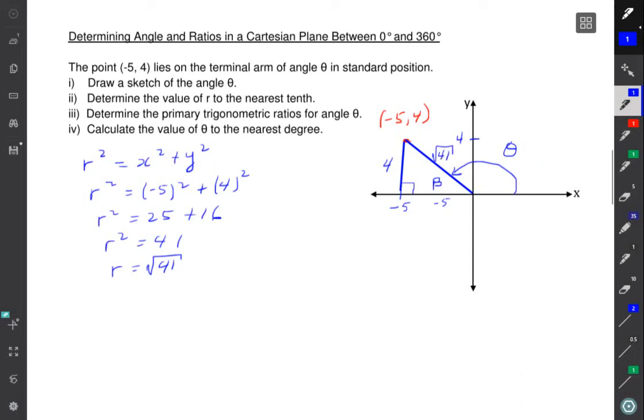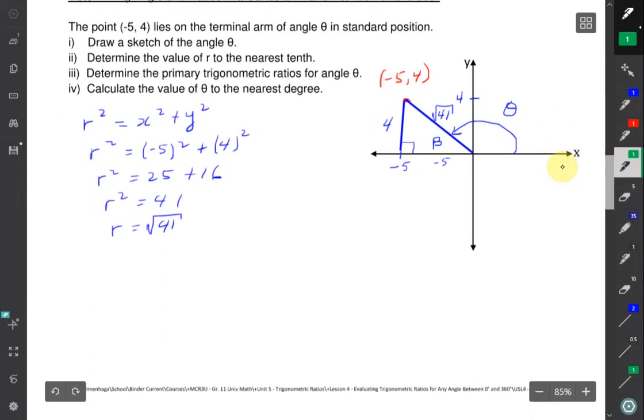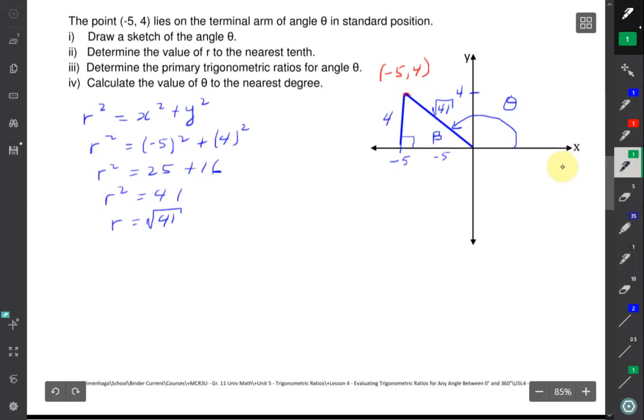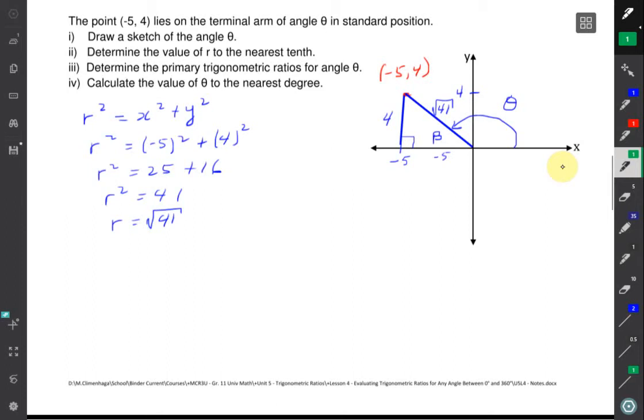Question 3 now asks us to determine the primary trigonometric ratios for angle theta. The sine of theta is equal to the opposite over the hypotenuse, which is 4 over the root of 41.